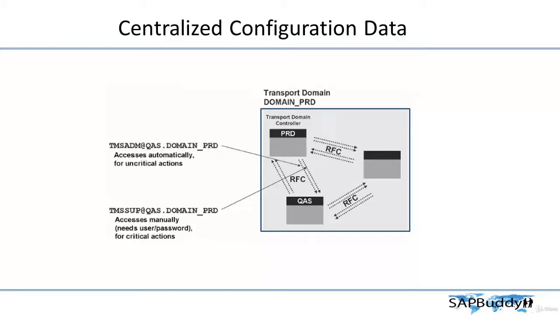Once you add the virtual system, the queue is already there, then you can easily import it. Otherwise, you will not have the import queues, and you need to manually identify the TRs which need to be imported into the productive system or the future system. That is one more advantage of having the virtual system in your transport domain.